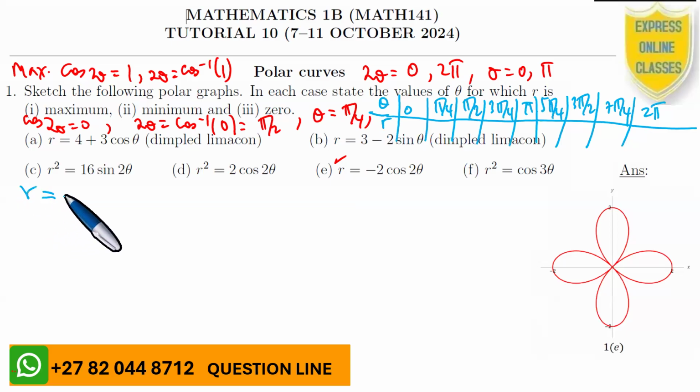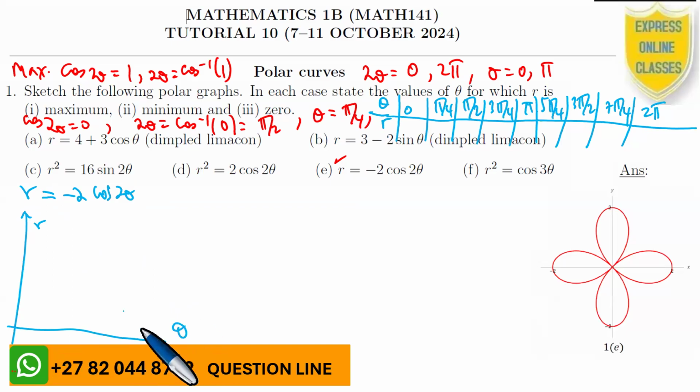So we shall be sketching minus 2 cosine 2 theta. Then we're going to do the r theta graph.